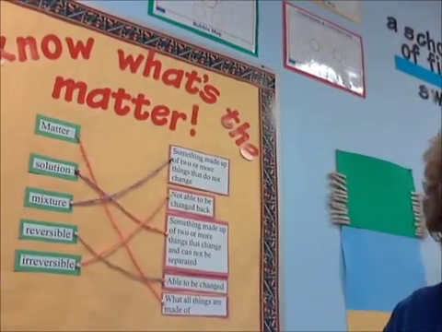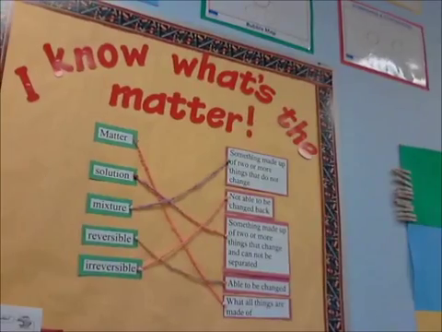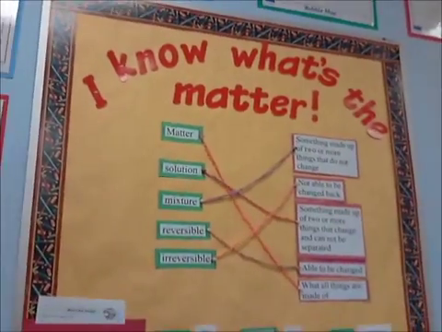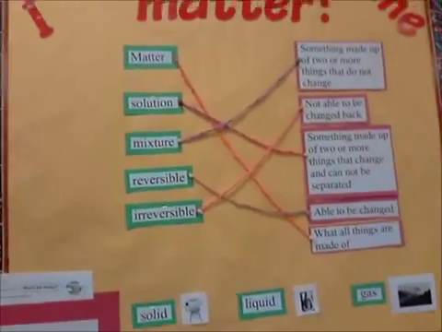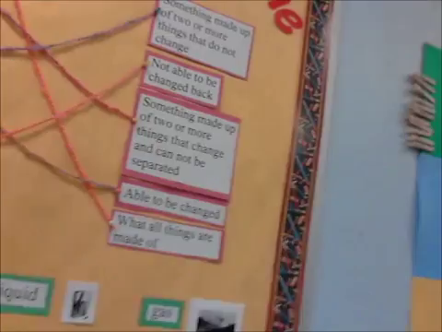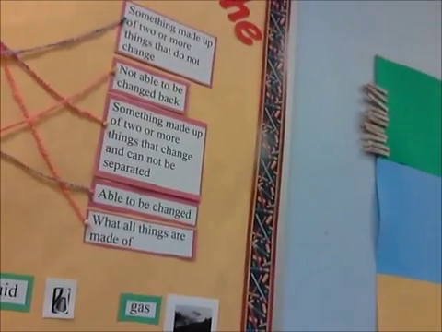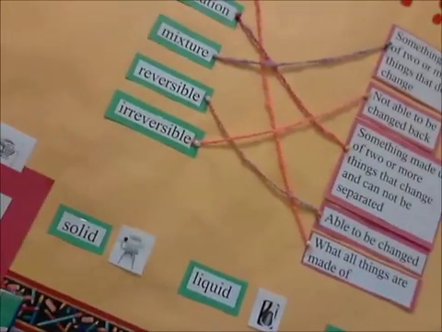First of all, week one, we went into creating a bulletin board on that, and I'm going to slide my photo around like this, and you can see the What's the Matter bulletin board. In this bulletin board, you will see that it is broken down into the classifications of matter of solid, liquid, and gas here on the bottom, with a picture that describes each one of those.